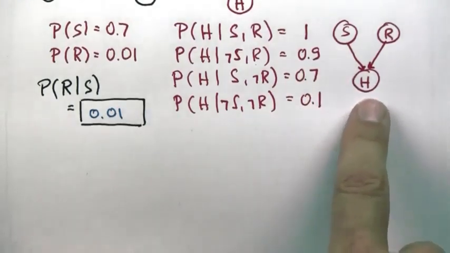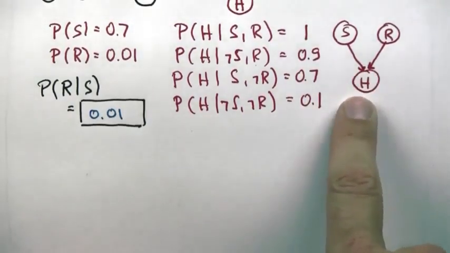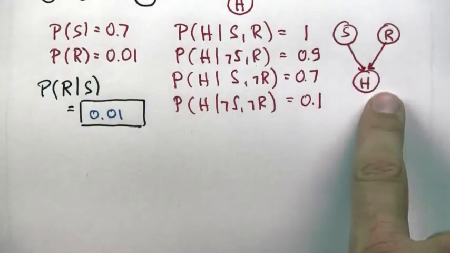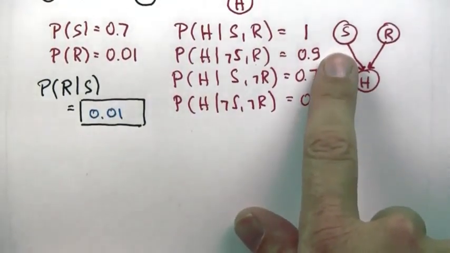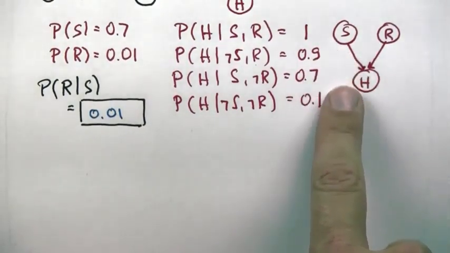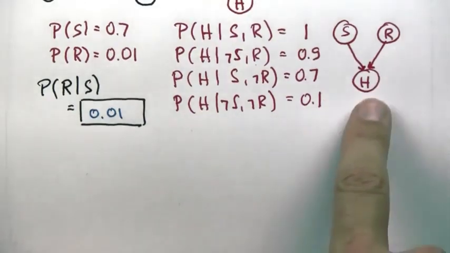In other words, if we see a certain effect that could be caused by multiple causes, seeing one of those causes can explain away any other potential cause of this effect.